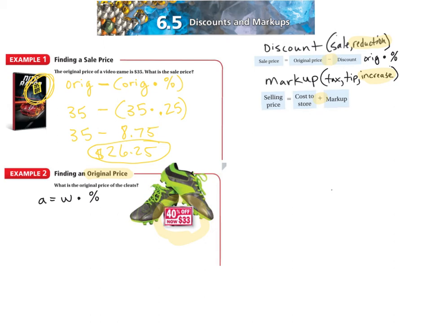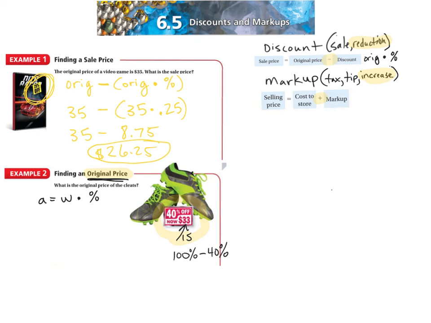We want to know 33 is 60% of what? And so what you do is you take 100% and you subtract the sale percent. Now, again, this is when you're looking for original price, okay? So keep your eye out for original price problems, okay?